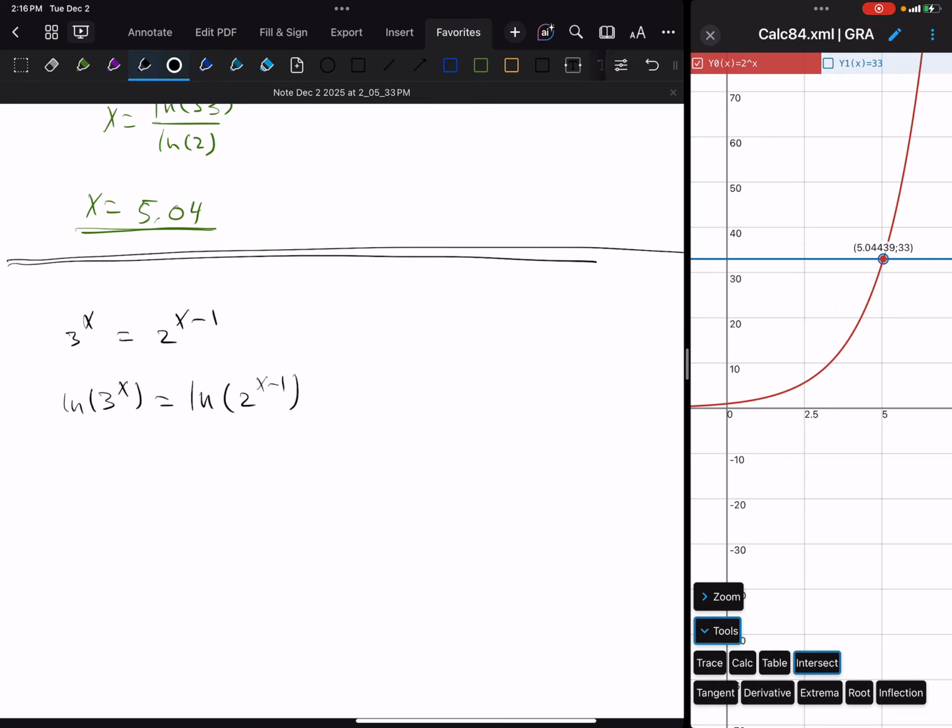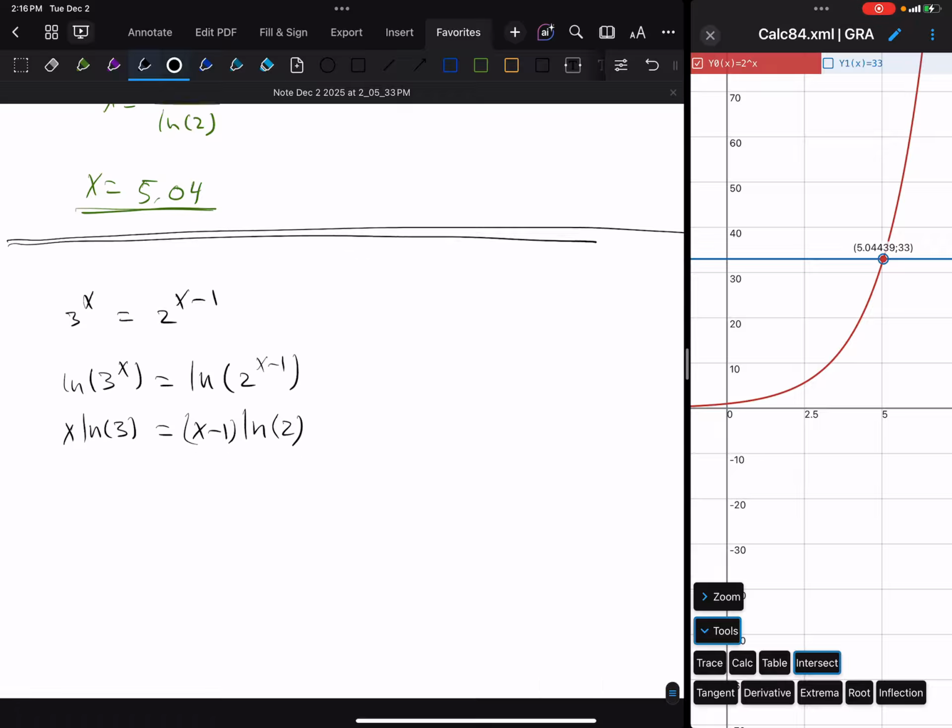Okay, well, now I can rewrite this. x ln of 3 equals x minus 1, and that's one number, times the natural log of 2 here. Now I've got to figure out how to solve that for x.